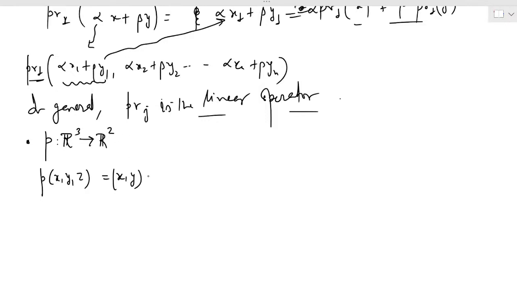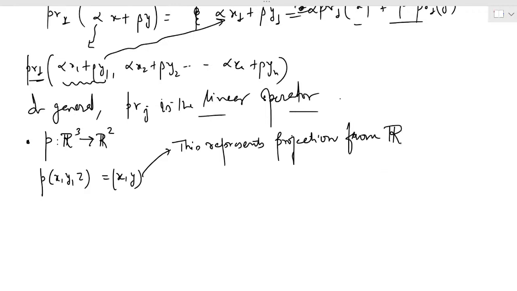So what should I write? This represents a projection from R cube to R square, or you can say to the xy plane simply.